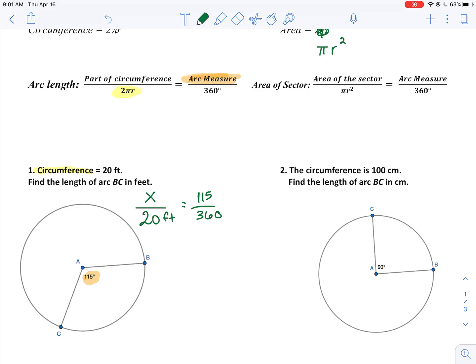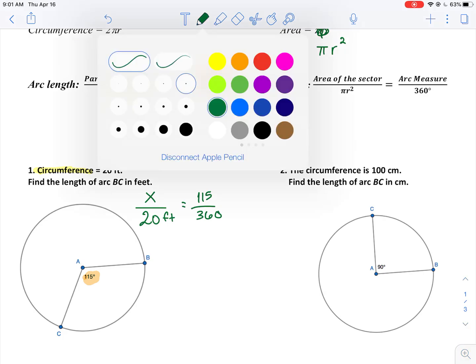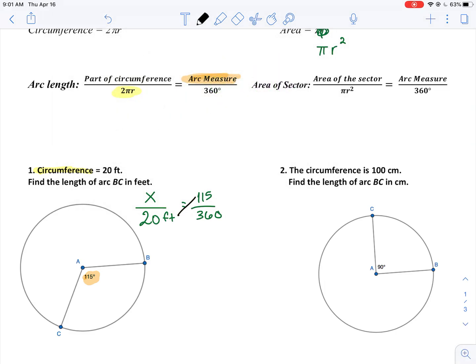The circumference is 20 feet, and I could ask you to find this by doing 2 pi r equals, that arc measures 115 over 360.